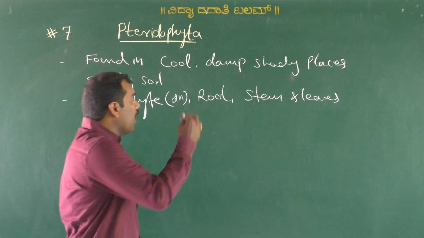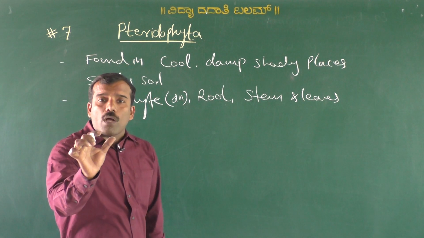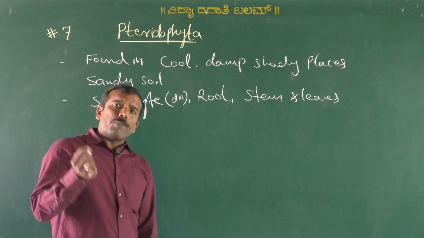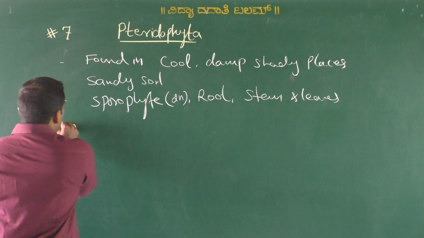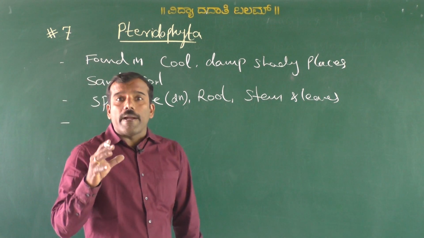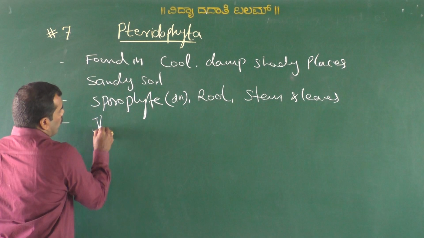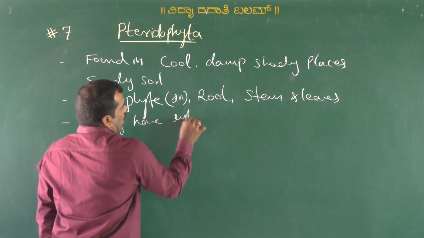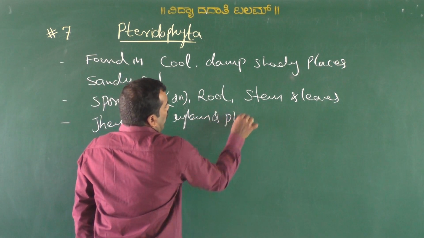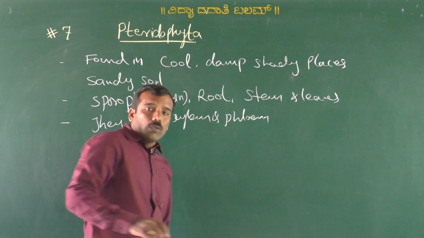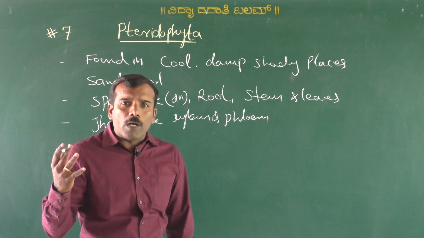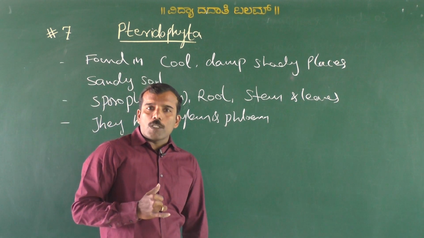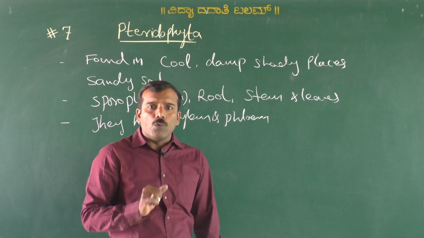They are primitive vascular plants or primitive tracheophytes because they have xylem and phloem. They have xylem and phloem, but not as well developed as compared to gymnosperms and angiosperms, so these are primitive vascular tissues.